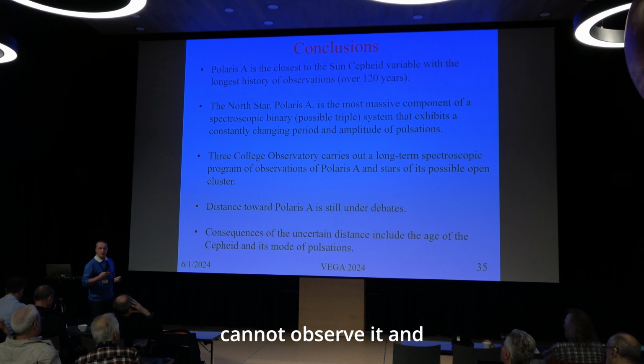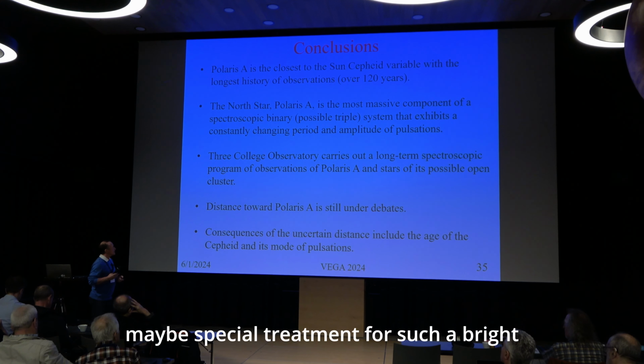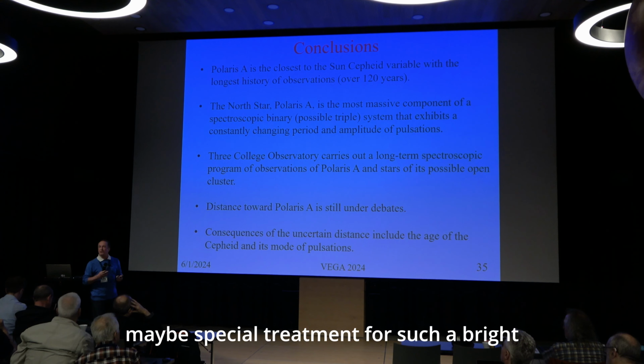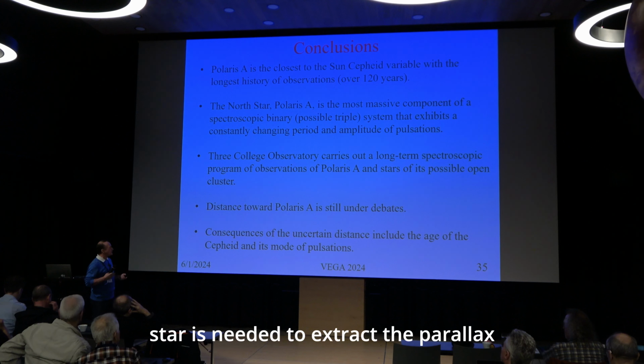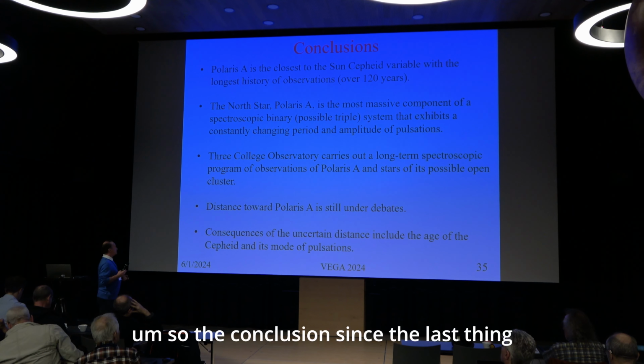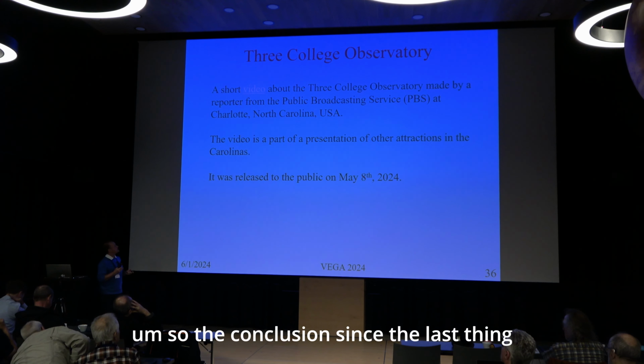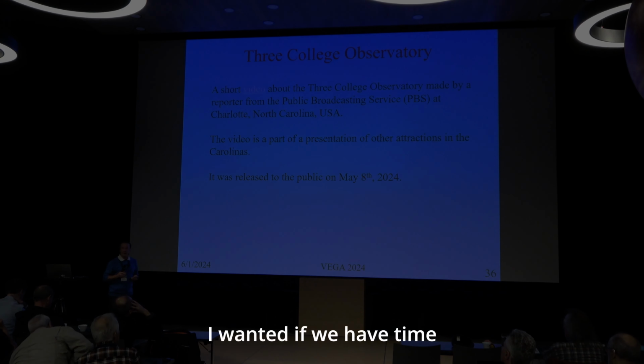Still, they cannot observe it easily, and maybe special treatment for such a bright star is needed to extract the parallax. So these are the conclusions, and the last thing I wanted, if we have time.